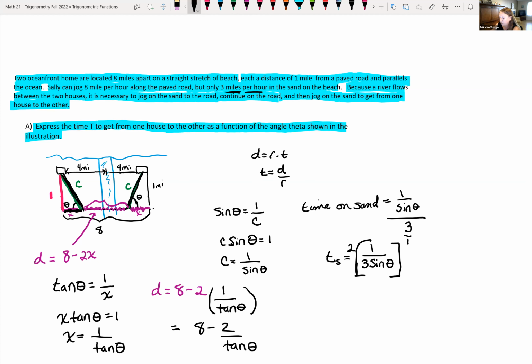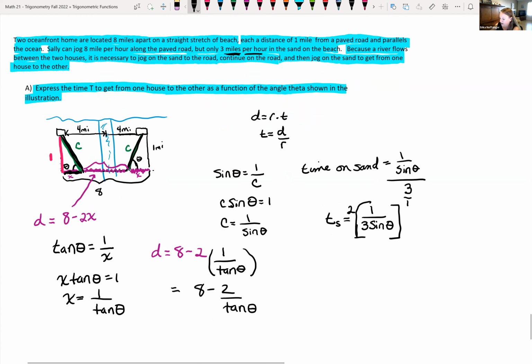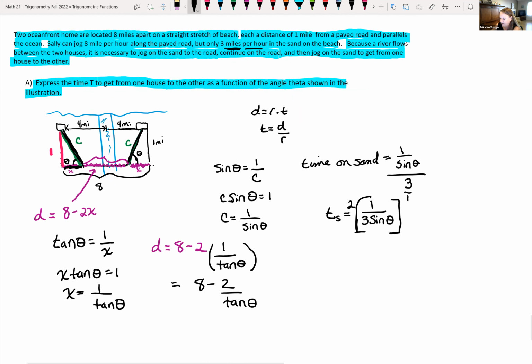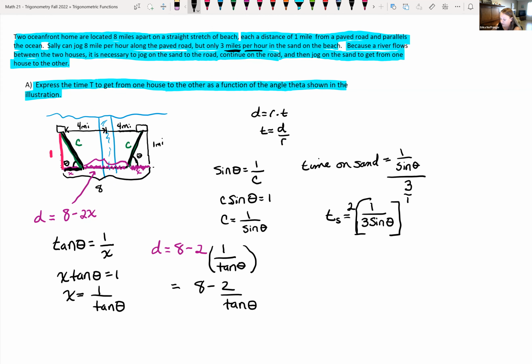To look at the time, we're going to look at the distance divided by the rate that she can travel. Let's get this as a single fraction. Getting a common denominator, multiplying 8 by tangent theta over tangent theta, we get 8 tangent theta minus 2 all over tangent theta.